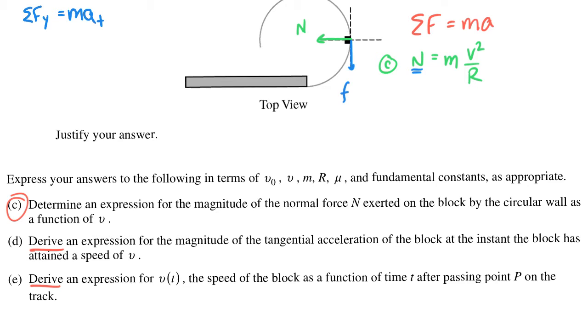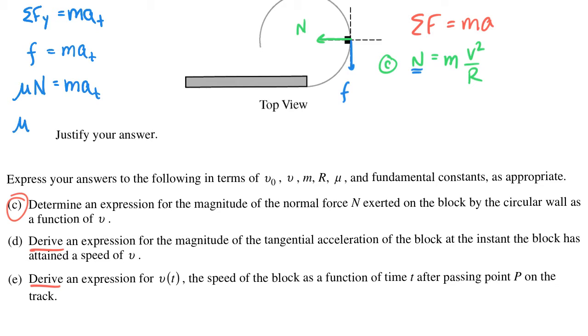Now, the force that causes this is friction. And the frictional force is mu times the normal force. And we know that the normal force is related to the velocity.